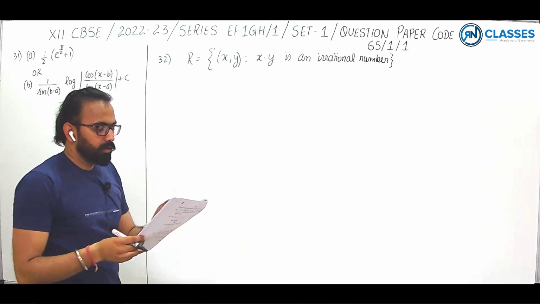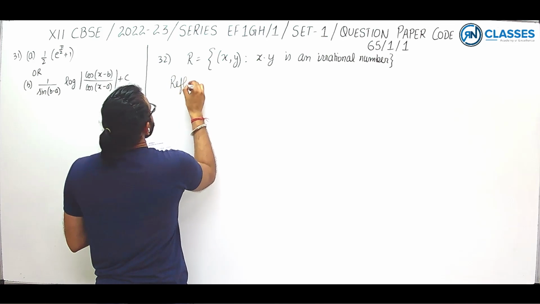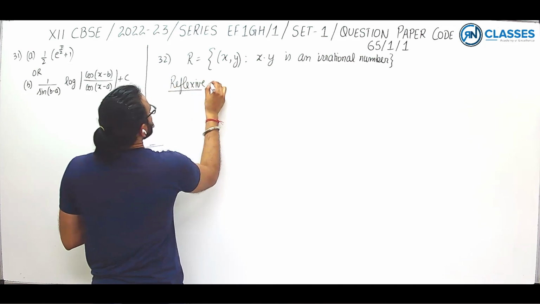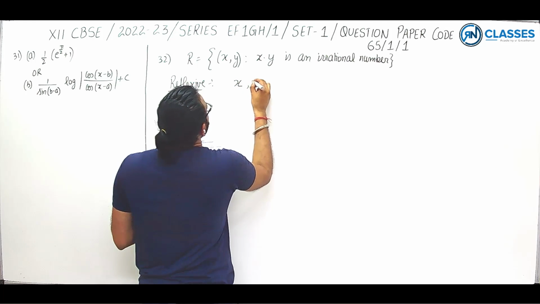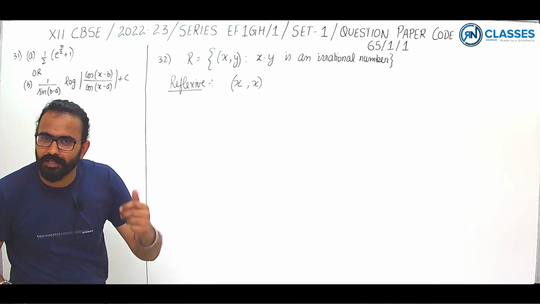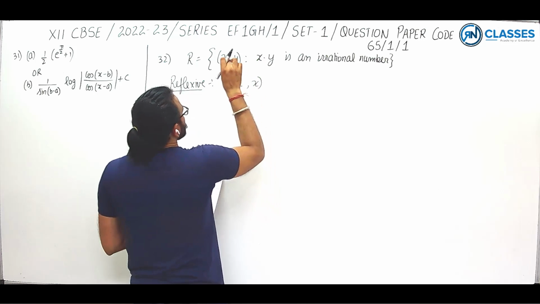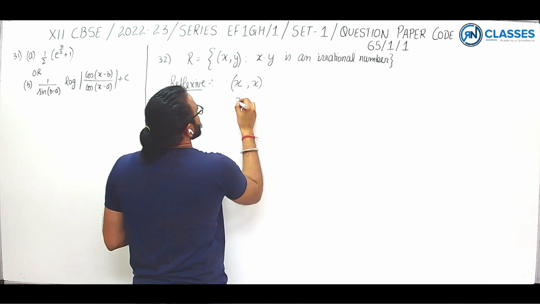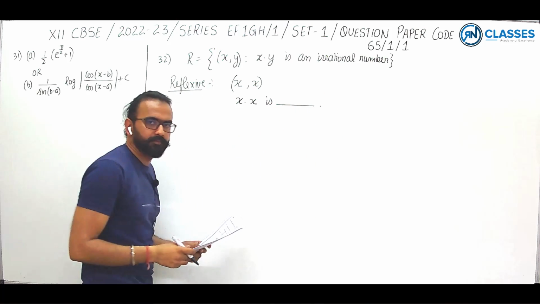Let us see reflexive relation के लिए condition क्या है, that for every real number x must be related with x, means इस टाइप के ordered pairs relation R में होने चाहिए for every real x. Let's see x comma x अगर इस relation में हुआ तो it will satisfy the condition x into x is an irrational number.